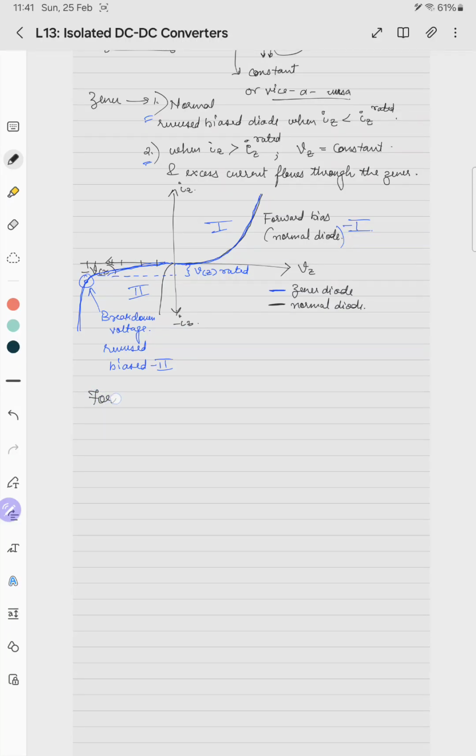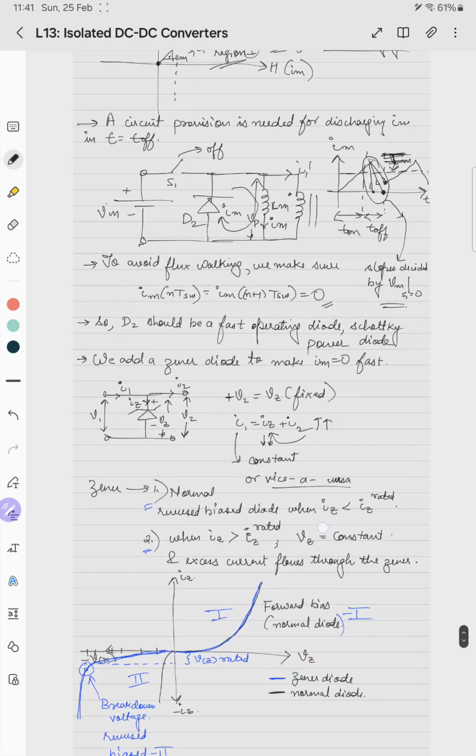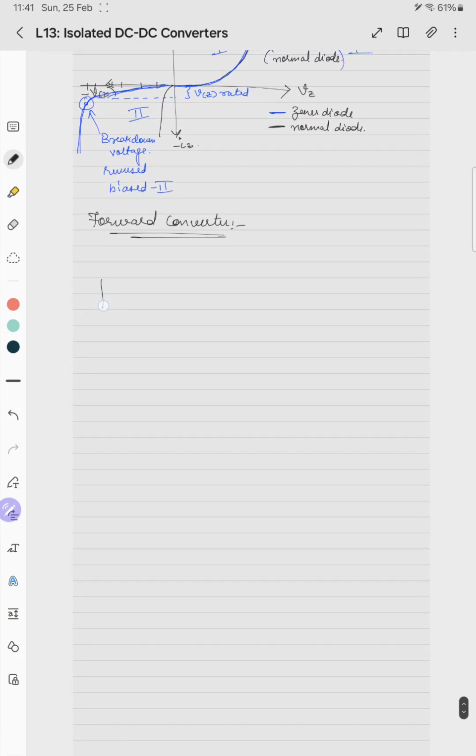So I'll draw the forward converter, which is a DC-DC buck derived converter. This is Vin plus minus. This is S1. S1 is a switch or a MOSFET. After S1, somewhere around here we have to place the Zener.